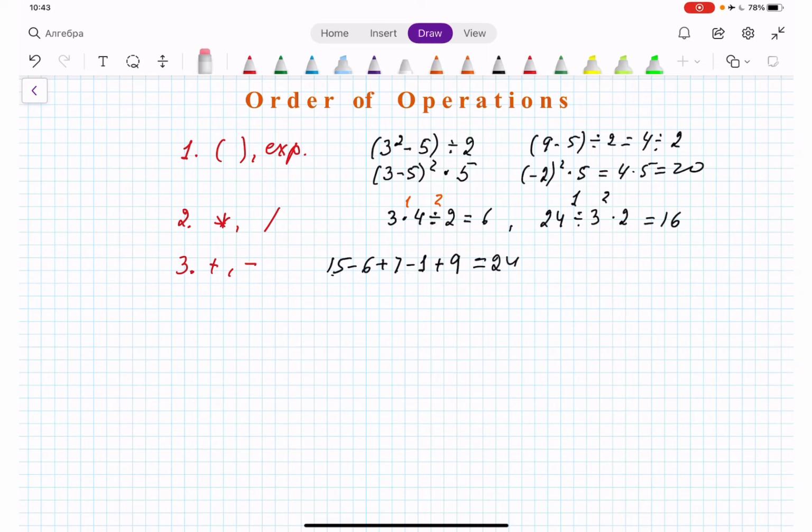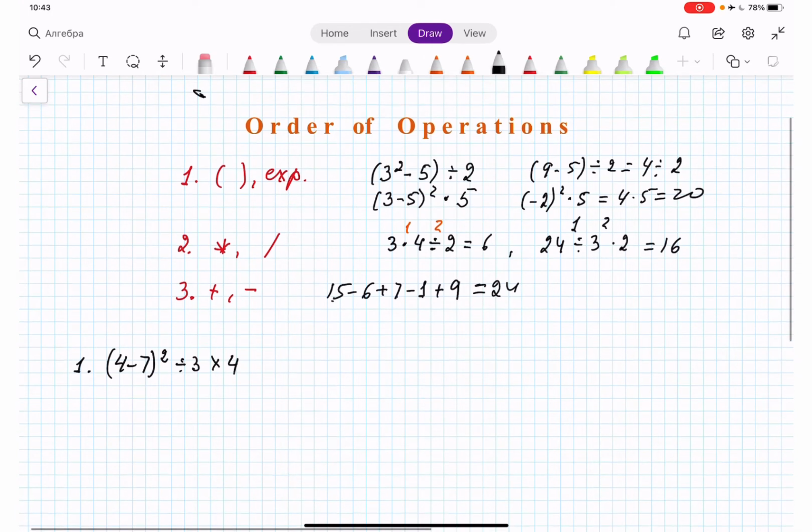All right. So let's start practicing. Let's start solving. What do we have here? We have such an example. 4 minus 7 squared divided by 3 and times 4.